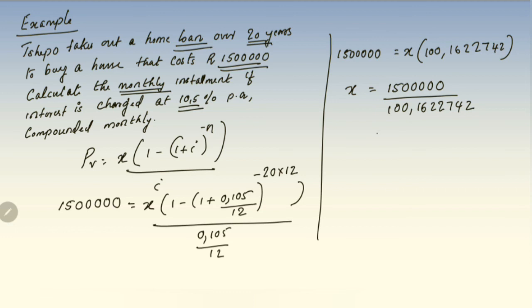When you do it, you will get the answer R14 975.6983. When you round it off, the final answer is R14 975.70. This is the final answer.